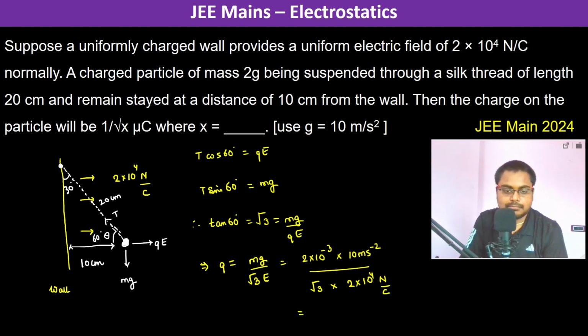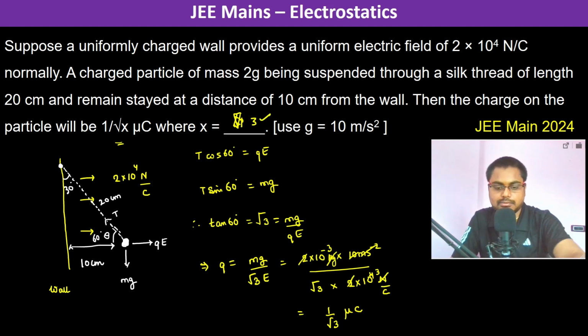So the units kg m/s squared per Newton per Coulomb, so Coulomb goes up. 2 and 2 are gone, so this becomes 1 by root 3 micro coulombs. So 1 by root x, therefore x becomes 3. 3 is the answer. Thank you.